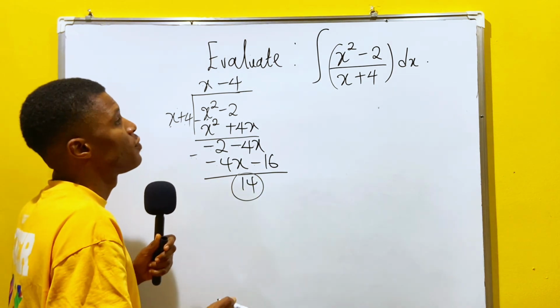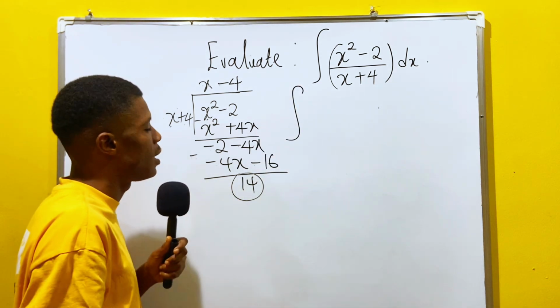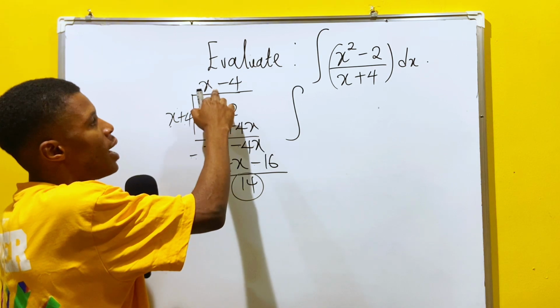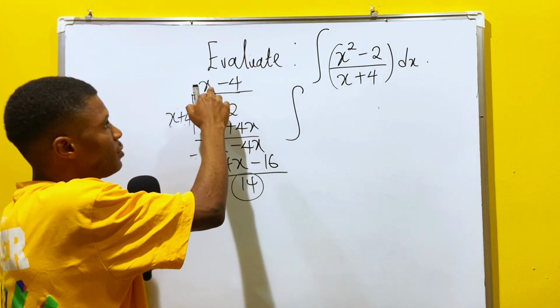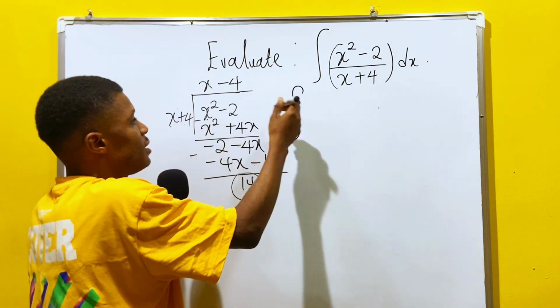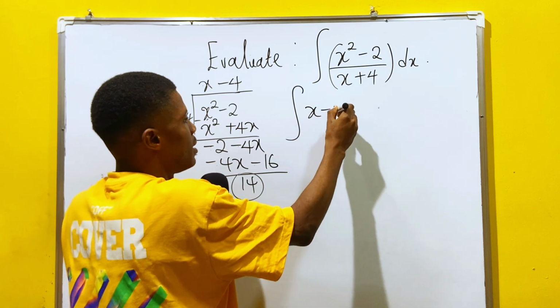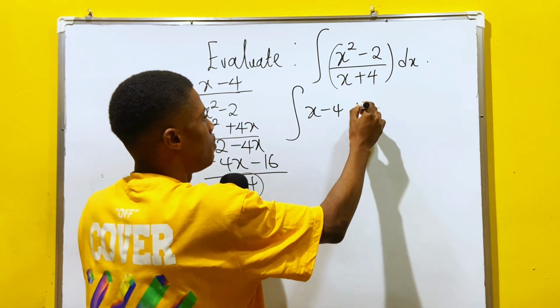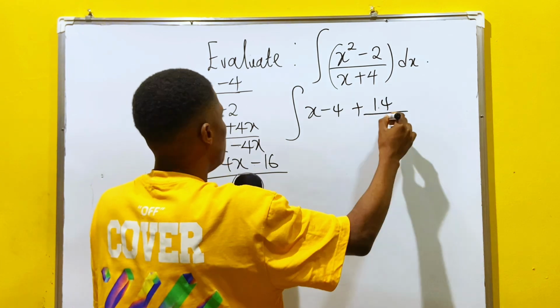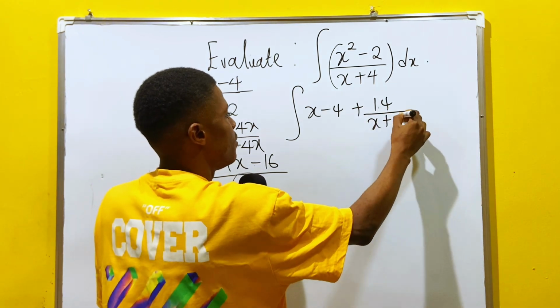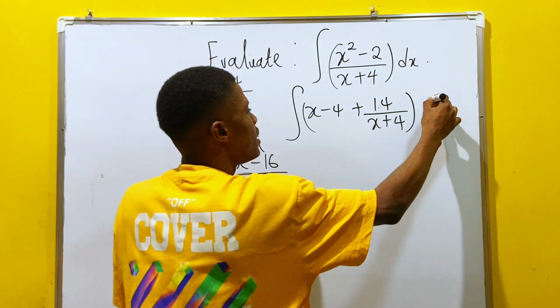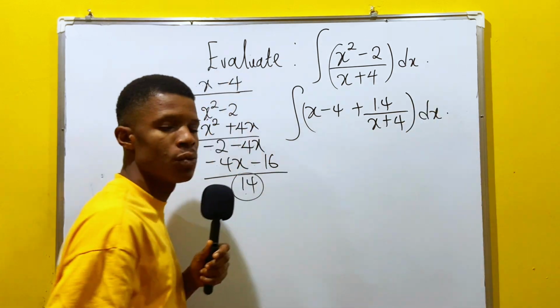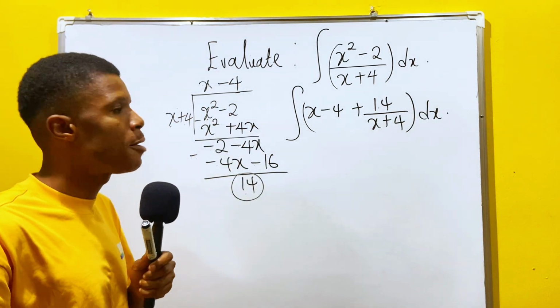Okay, so the integral will now be equal to our result when we divided, which is x minus 4. We have it as x minus 4. Our remainder is 14. That will be plus 14 over x plus 4. Then we are integrating all this with respect to what? x. Okay?